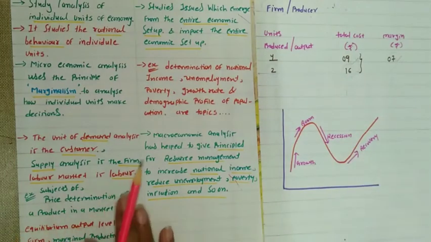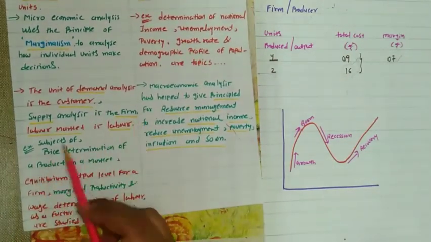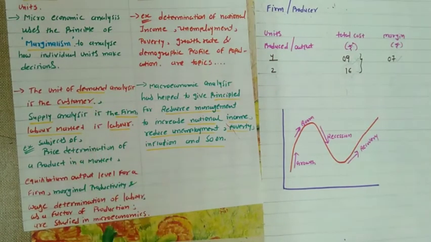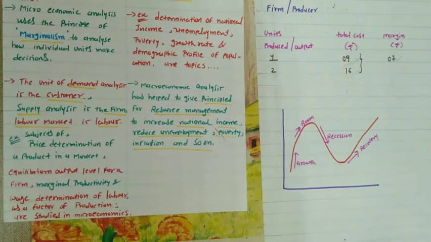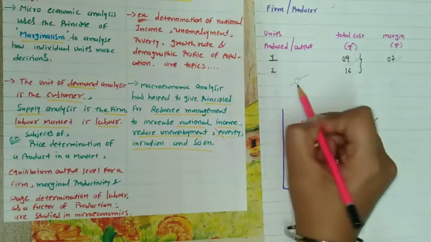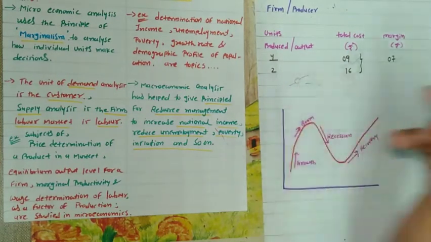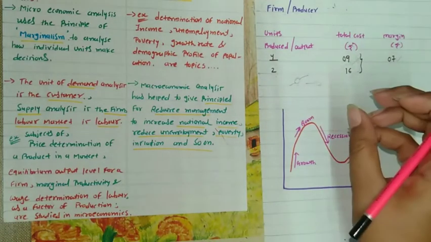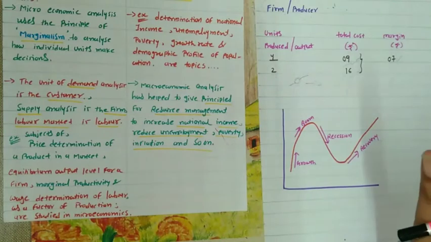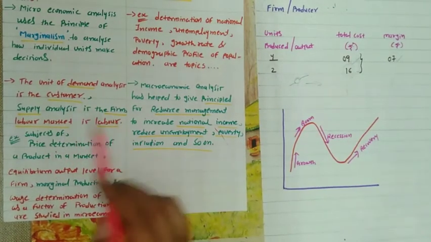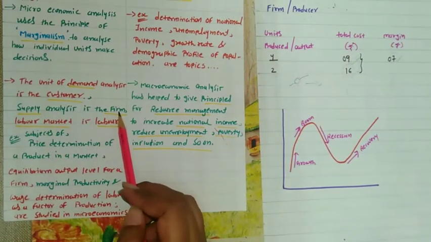The next is that the unit of demand analysis is the customer. We all know that demand is created by the customer. For example, this candy's demand will be created by the customer. So in microeconomics, the demand analysis is the customer. Now who will supply? Supply is done by the firm. So the supply analysis is the firm.